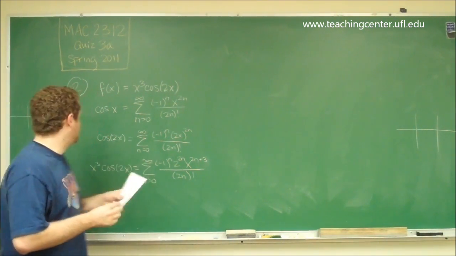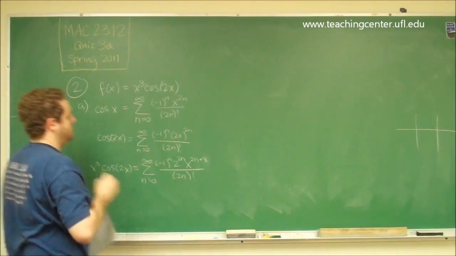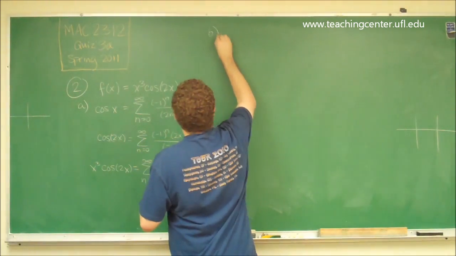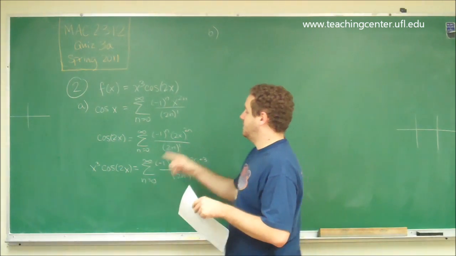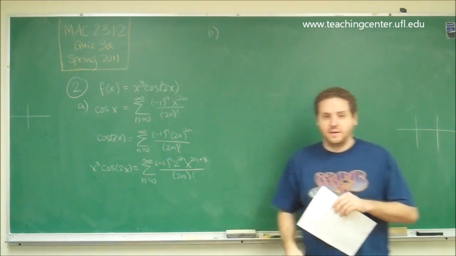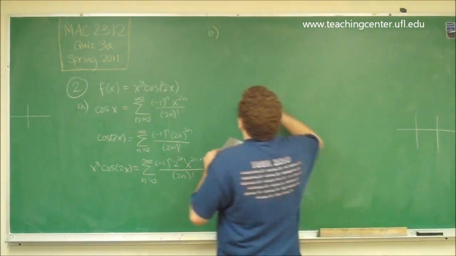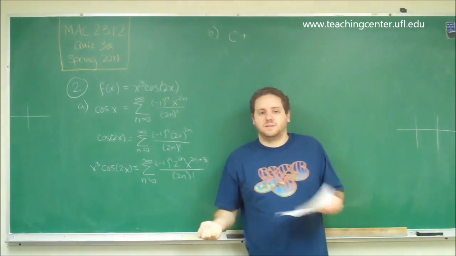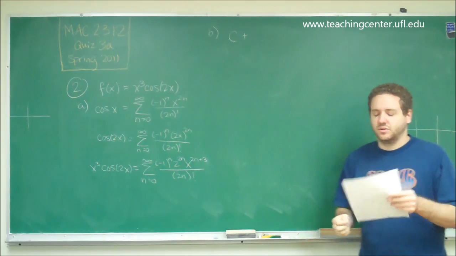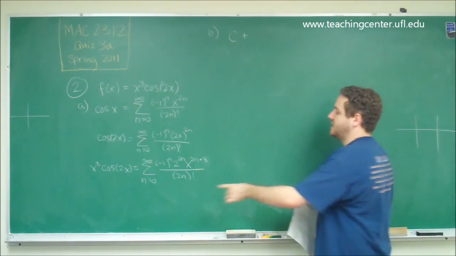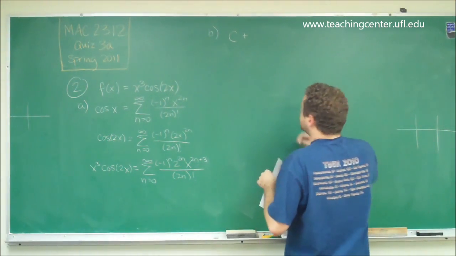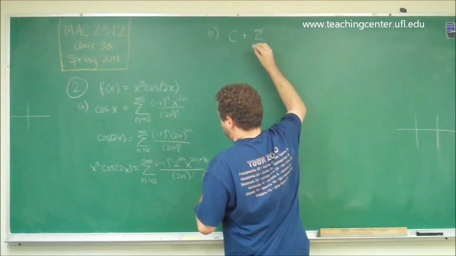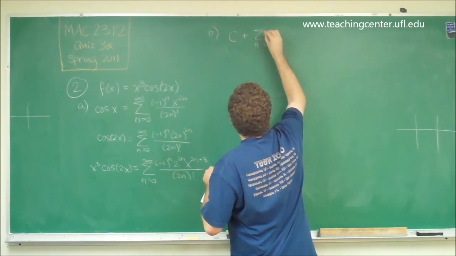So this was part A, and part B says evaluate the indefinite integral. So now we just want to take the indefinite integral of that. Remember that you're always going to start with C plus, because we have a constant of integration since we're taking an indefinite integral. And then we just need to take the antiderivative of this series. So we're still going to have our sum from n equals 0 to infinity.